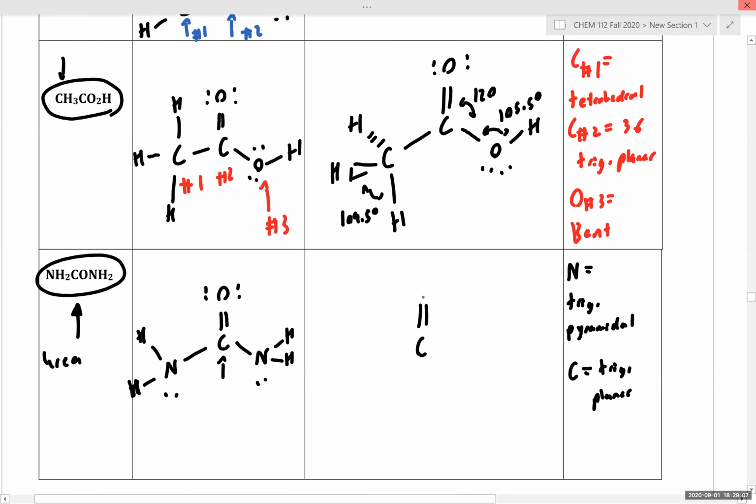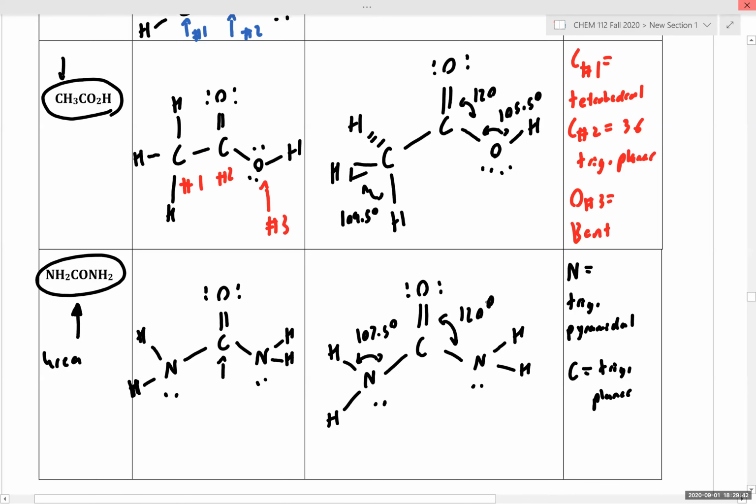So if we are drawing out urea with respect to its bond angles, we would note that our nitrogens have 3-dimensional shape around the central atom. And our bond angles are about 107.5 degrees. For our central carbon, our bond angles are about 120 degrees.